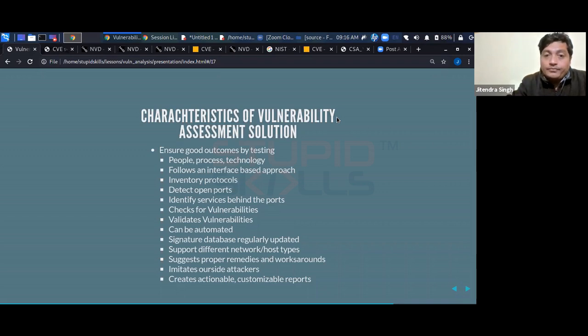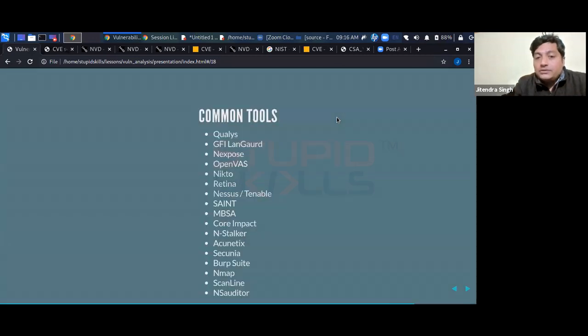Okay. So here is a list of some common tools, and some of them we will cover in the lab tomorrow. You can see there is a tool called Qualys, GFI LandGuard. GFI LandGuard is there in the lab document also. It's a paid tool. Then Expose, OpenVAS is there. Nikto is there. Nikto is installed by default in Kali. Okay, then you have Nessus.